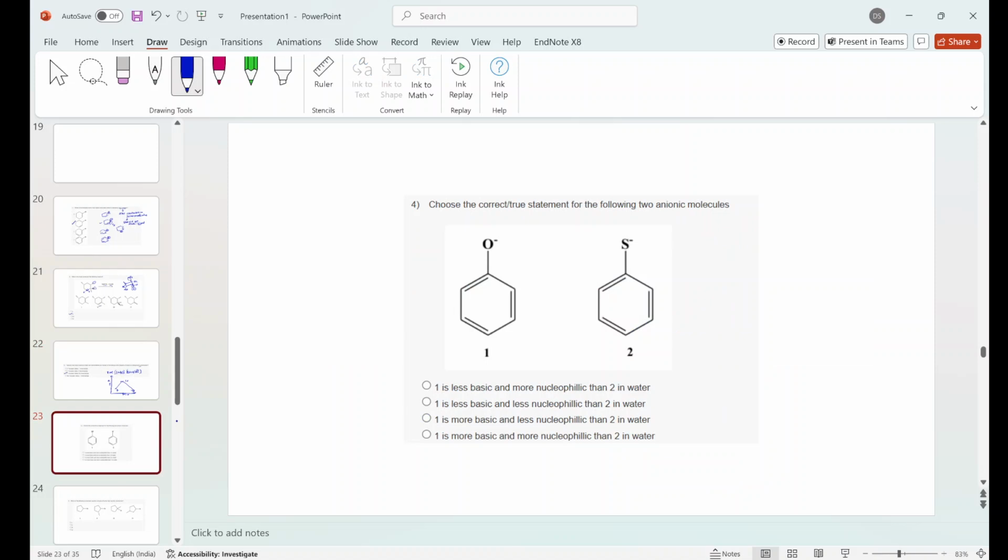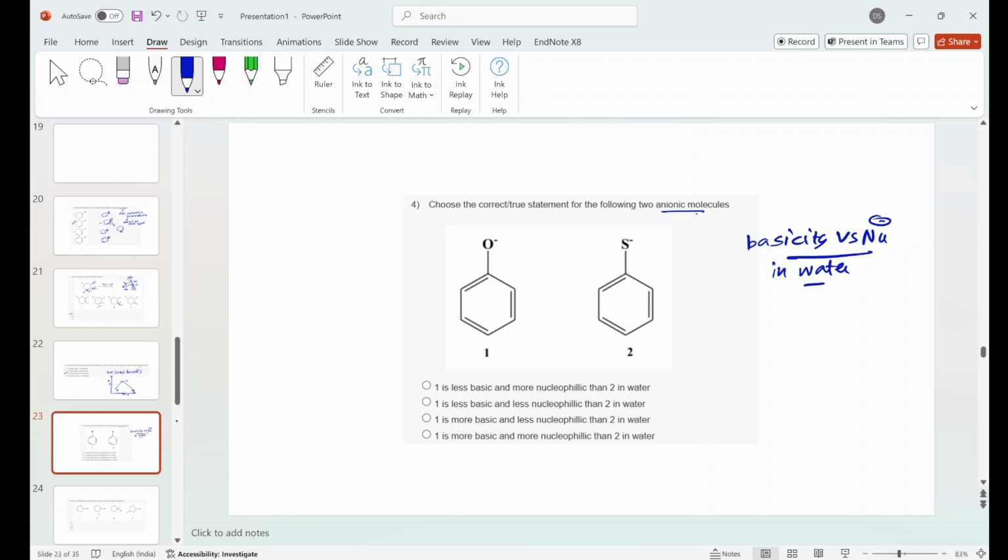Next question is, choose the correct statement for the two anionic molecules. So what is the point of concern here? Basicity versus nucleophilicity in water.